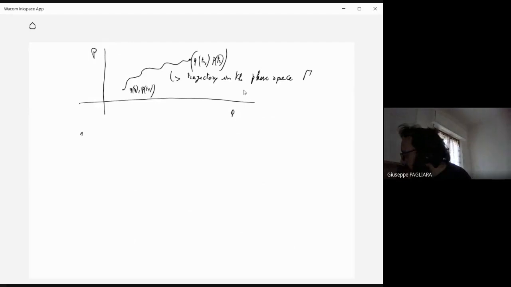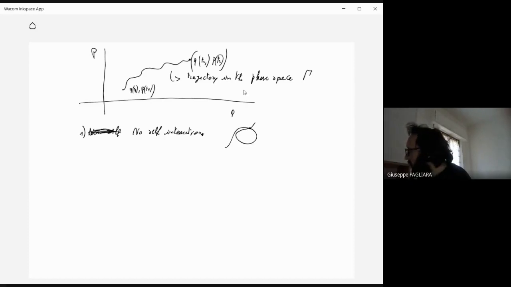First of all, the trajectories do not have intersections, no self-intersections. So something like this cannot happen.